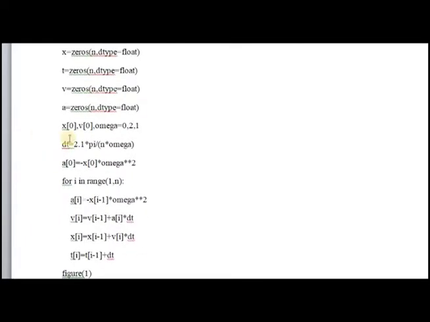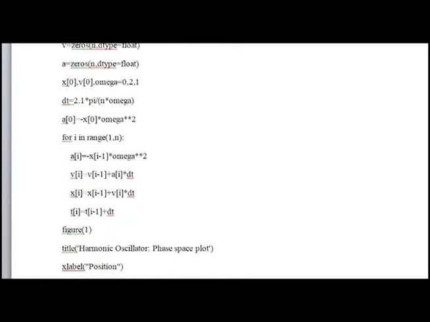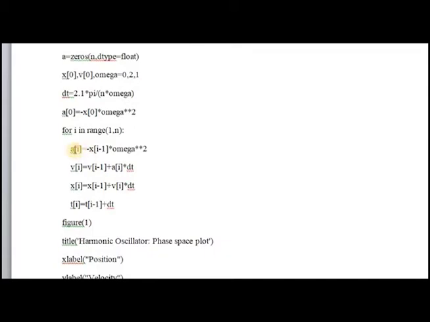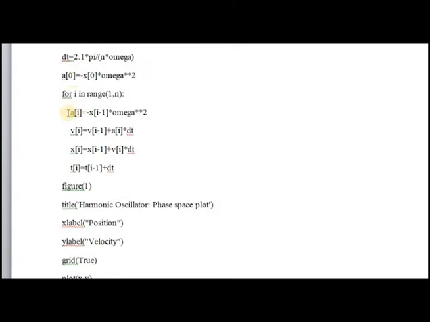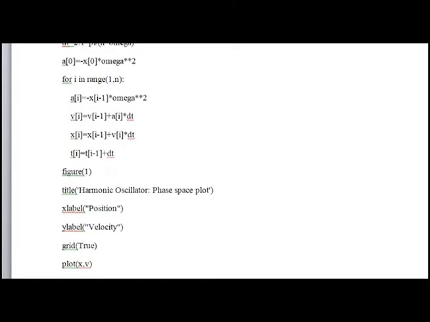And similarly we have given the same expression for dt and acceleration, and it is the same repetition of the algorithm we have written, for i in range 1 to n. We write all those codings that are required to be in the loop.